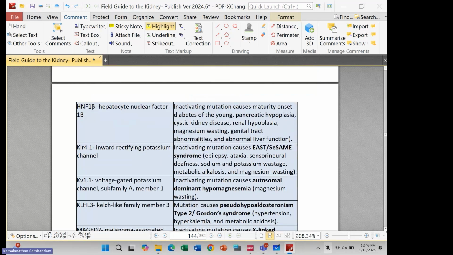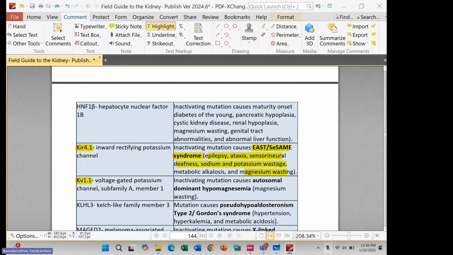diseases or CNS phenotype. So the EAST and SeSAME syndrome, this is that basolateral K transport channel. Again, it has a variety of manifestations, including hearing loss, magnesium wasting.